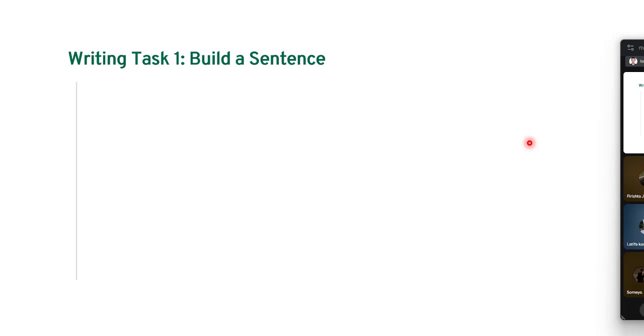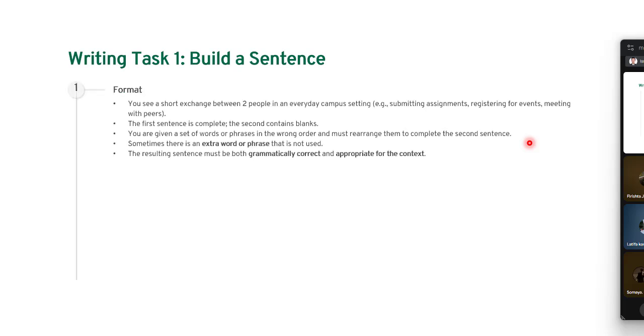Then the build a sentence task. In this task, there are two people and a scenario. First, a student or a person starts the situation, and then the second sentence contains blank spaces, and we have to put the words in order to correctly make a sentence.